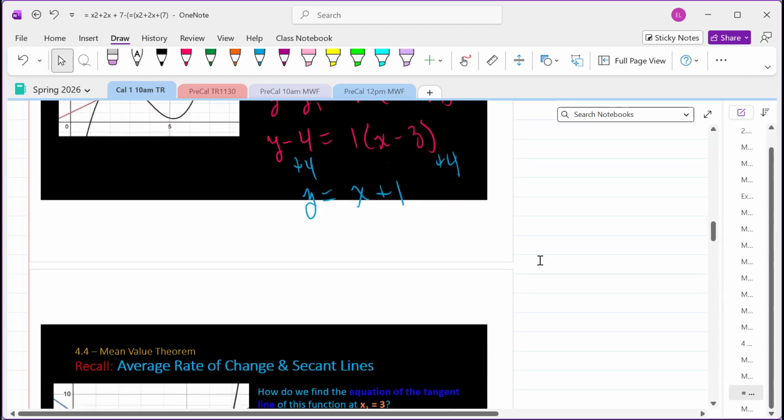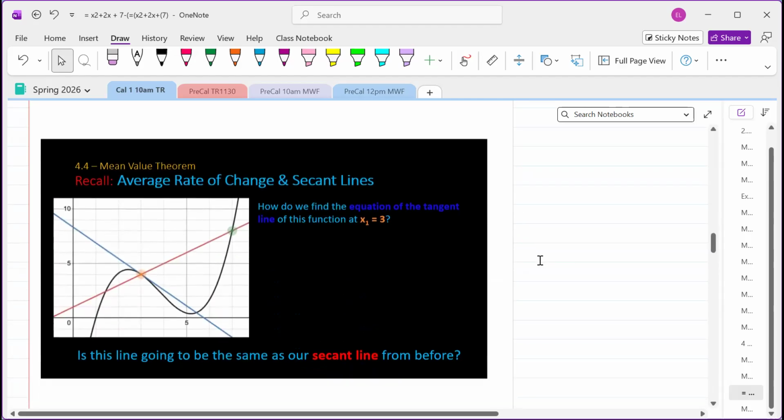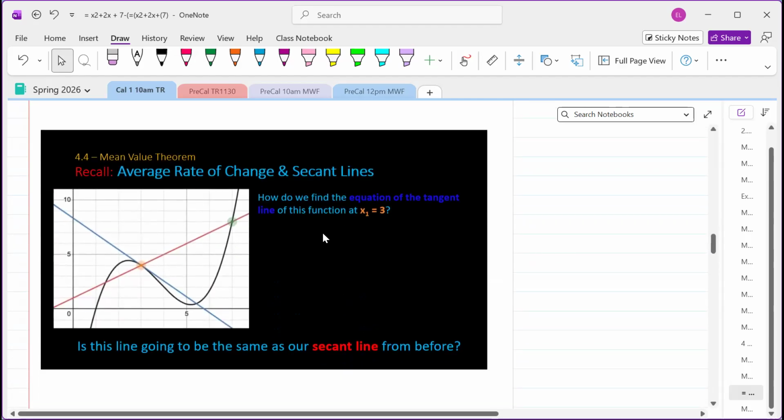All right, now it asks, how do we find the equation of the tangent line of this function at 3? To get the equation of the tangent line, we'd have to know the function to calculate the derivative.